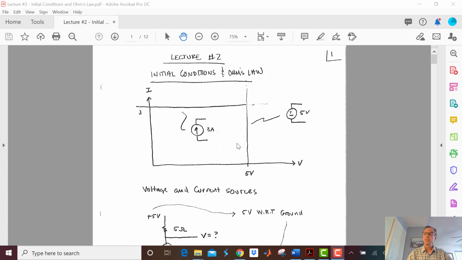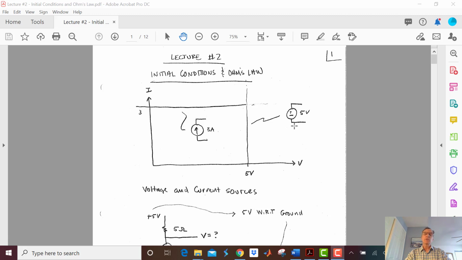So let's get started. I want to look at what is a current source and what is a voltage source. And of course, you've seen lots of current sources, you've seen lots of voltage sources, you've made lots of Thevenin equivalents and stuff. But what I really want to do is look at what they really do. Let's start off with a voltage source.